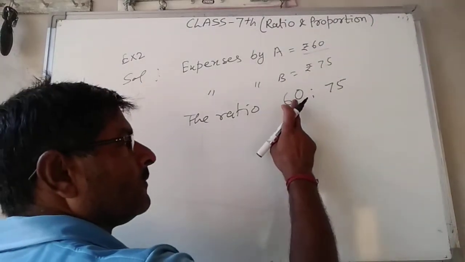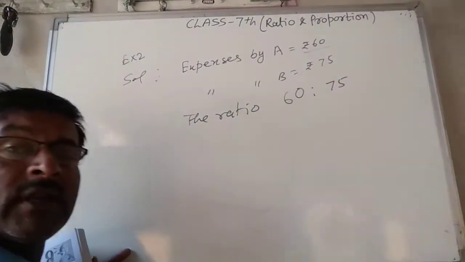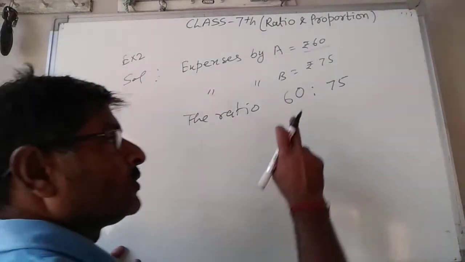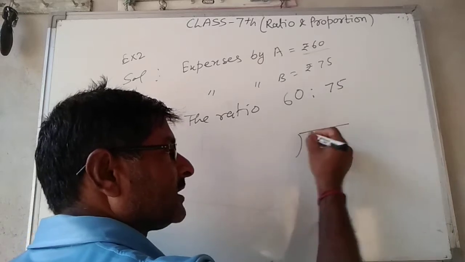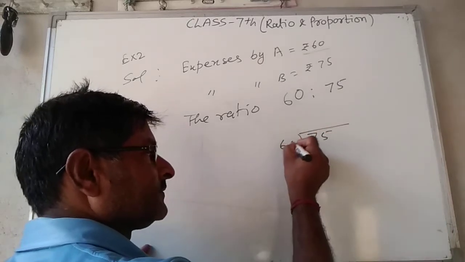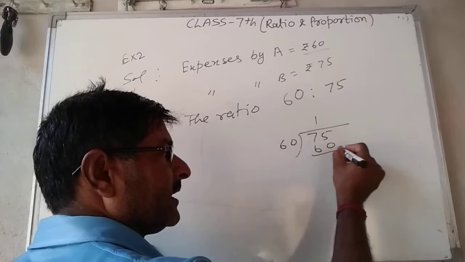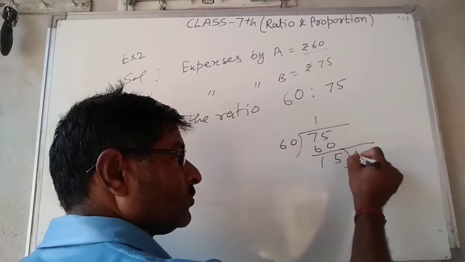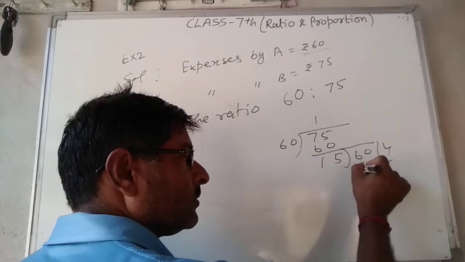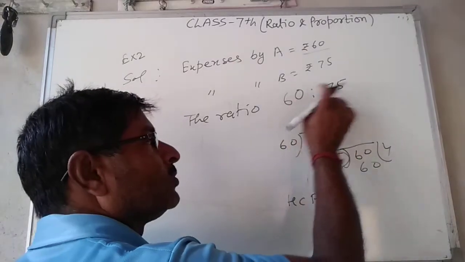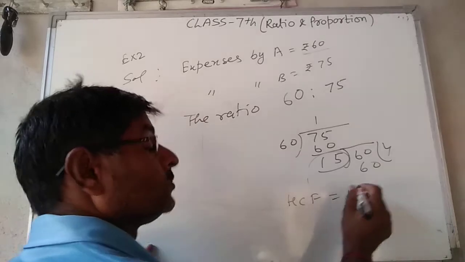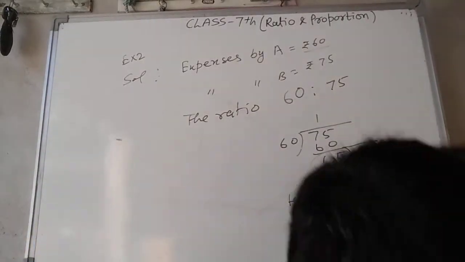Now 15 can cancel both the numbers. I know very well. If you don't know by which number you can cancel them, you can use this method and find their HCF. हम उनका HCF फाइंड कर लेंगे. 15 से 60 को डिवाइड कर देंगे, 4. So 15 is the HCF. So you can cancel or divide both the numbers by 15. दोनों नंबर को हम 15 से डिवाइड कर देंगे.